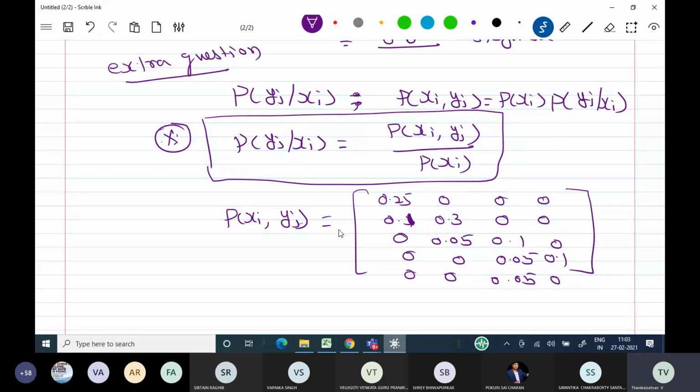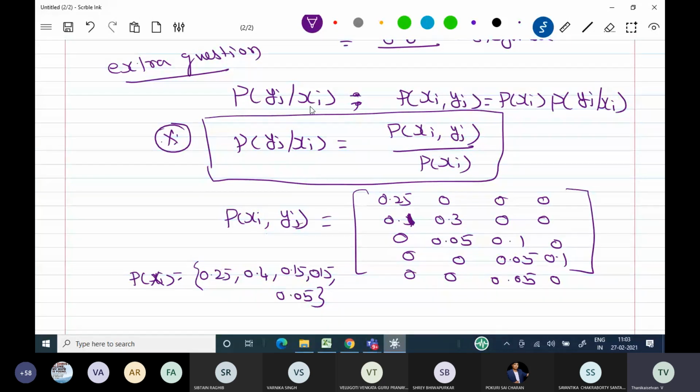We know the input symbol probabilities, probability of xi, so I can copy the probability of xi, which is 0.25, 0.4, 0.15, 0.15, 0.05. Now, according to the formula, each joint probability matrix element will be divided by the input symbol probability.